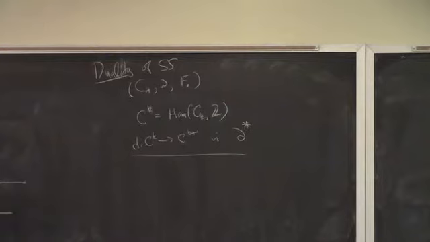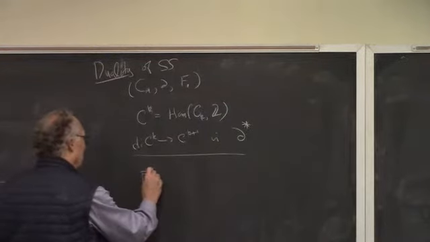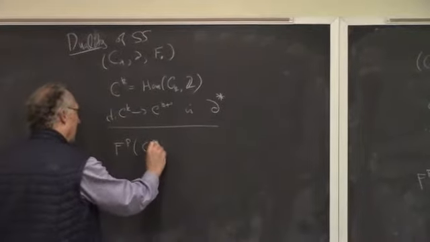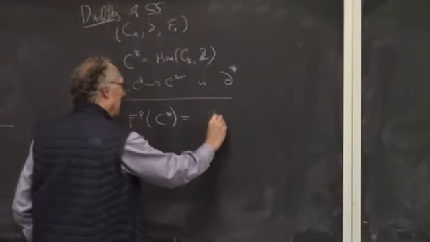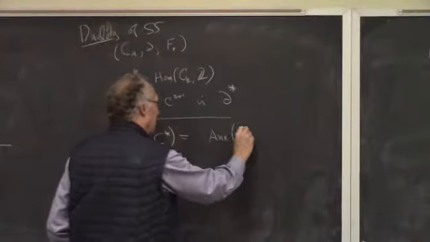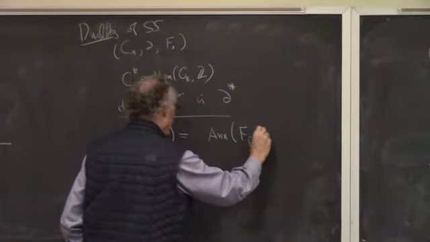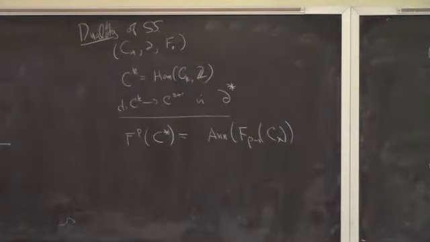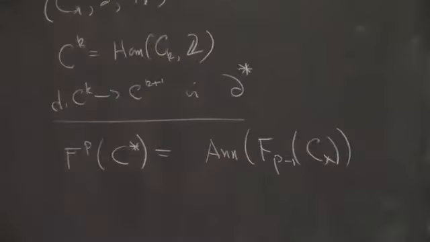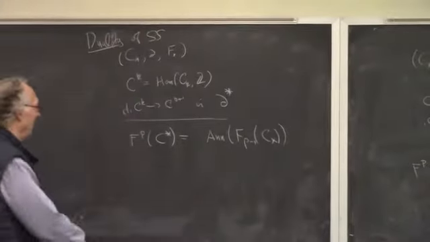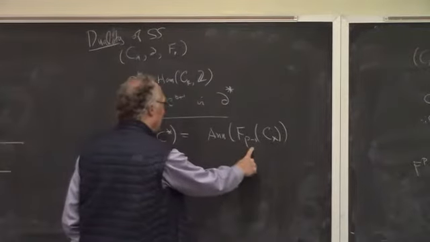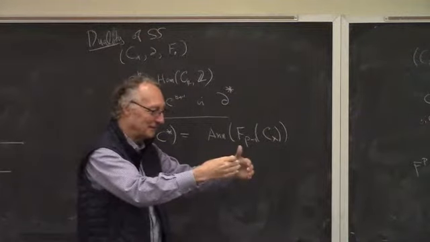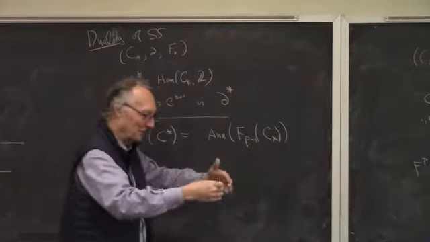All right. And then I define the decreasing filtration on C star to simply be the annihilator of F_{p-1}. The things that annihilate that level of filtration. And now you see directly that since this is an increasing filtration, the annihilators of bigger and bigger subgroups are smaller and smaller.